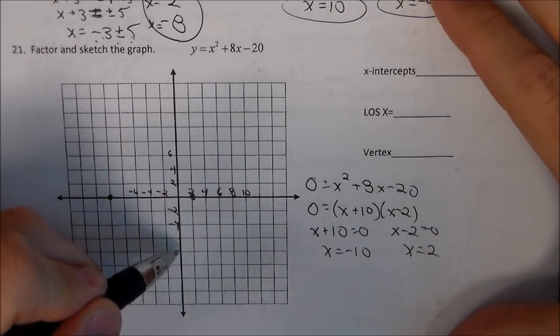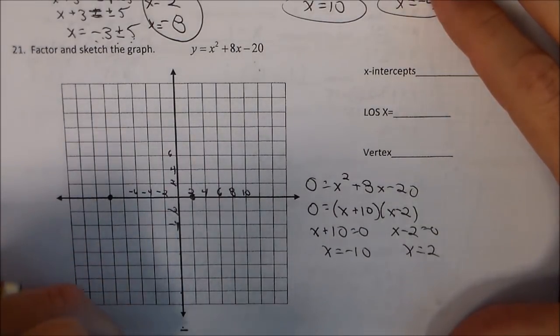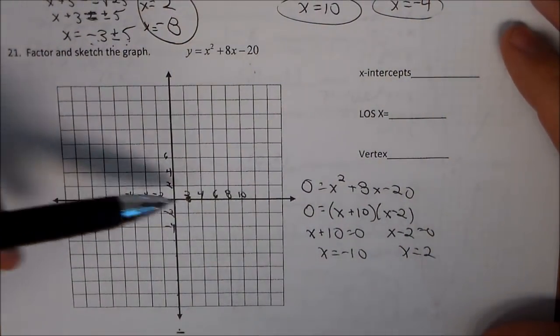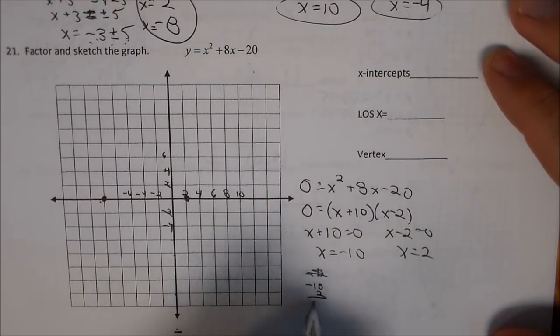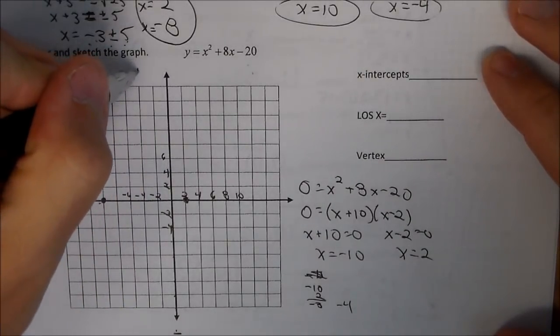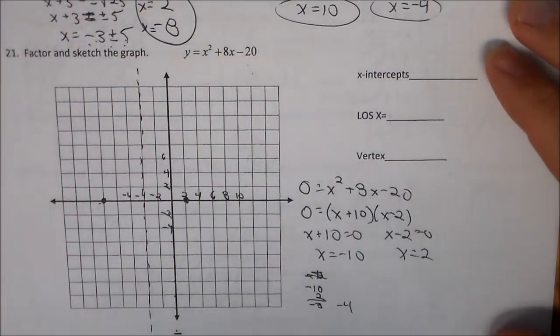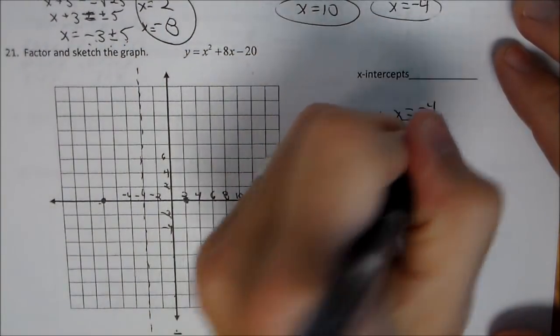So 2, 4, 6, 8, 10, 12, 14, 16, 18. Let's say that's about here. Negative 20. If I want to find the middle of the two, so I have negative 10 and 2, the average of those two: negative 10 plus 2 is negative 8, divided by 2 is negative 4. So there's my, not my y-intercept, my axis of symmetry, line of symmetry. That's x equals negative 4.